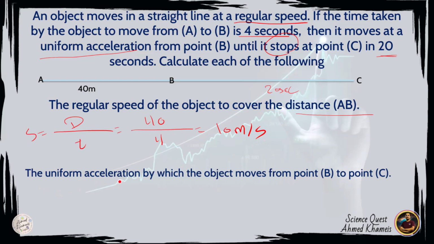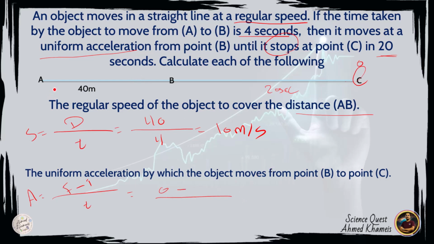Calculate the uniform acceleration. Again, acceleration equals final speed minus initial speed over time. The object stops at C, so the final speed equals 0, minus the initial speed.